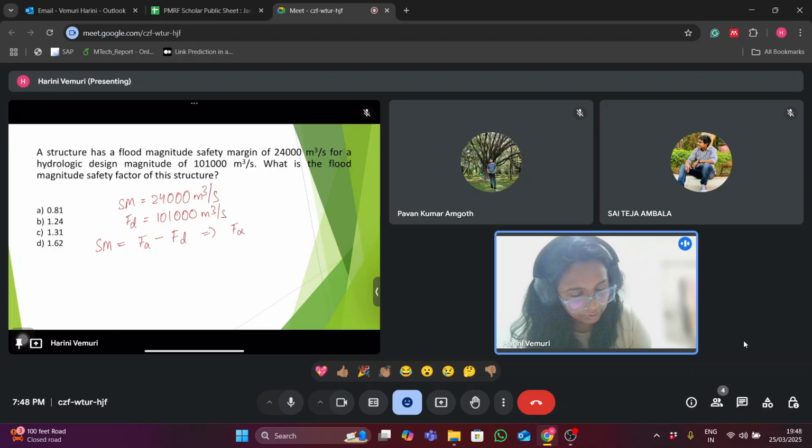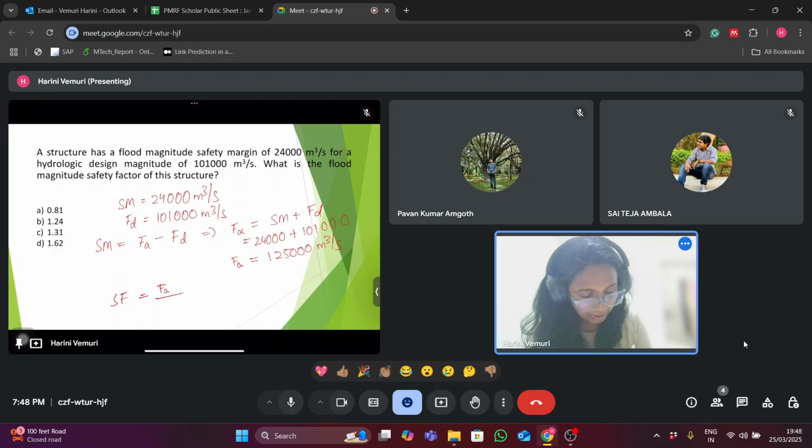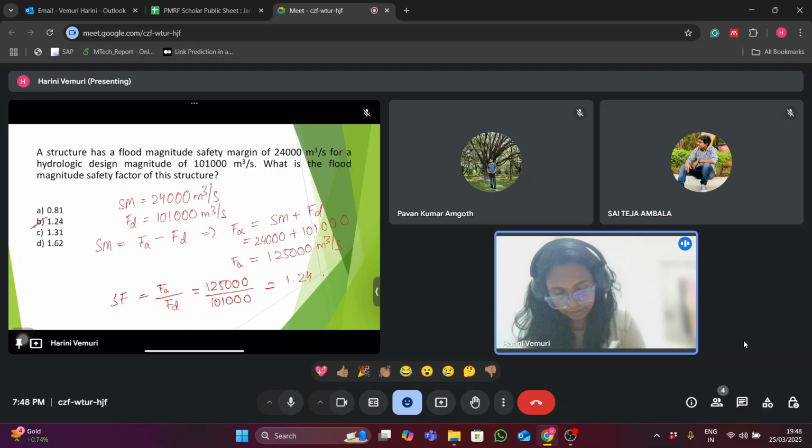So F actual equal to safety margin plus F design, 24,000 plus 101,000, that is 125,000 meter cube per second is the F actual. So to calculate safety factor, the formula is F actual by F design. So it is 125,000 by 101,000. Once you solve it, the value is 1.24. So option B.